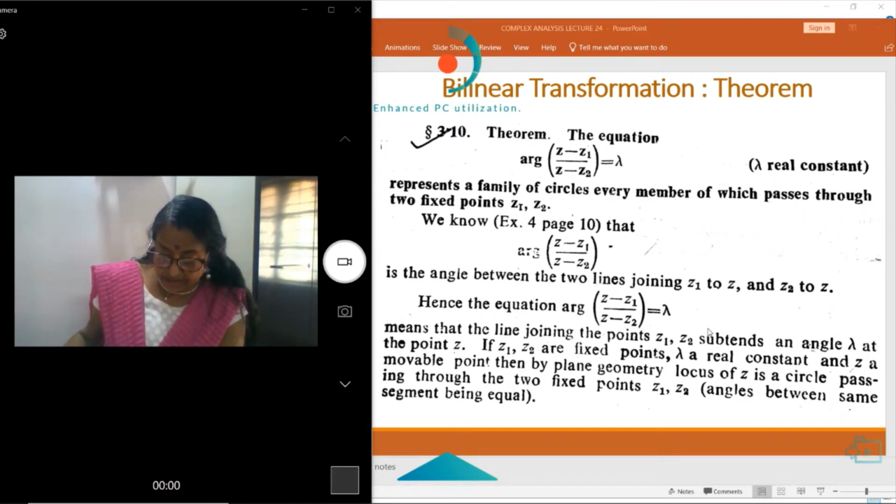If z1 and z2 are fixed points and lambda is a real constant and z is a movable point, then by plane geometry we can say that the locus of z is a circle passing through the two fixed points z1 and z2.